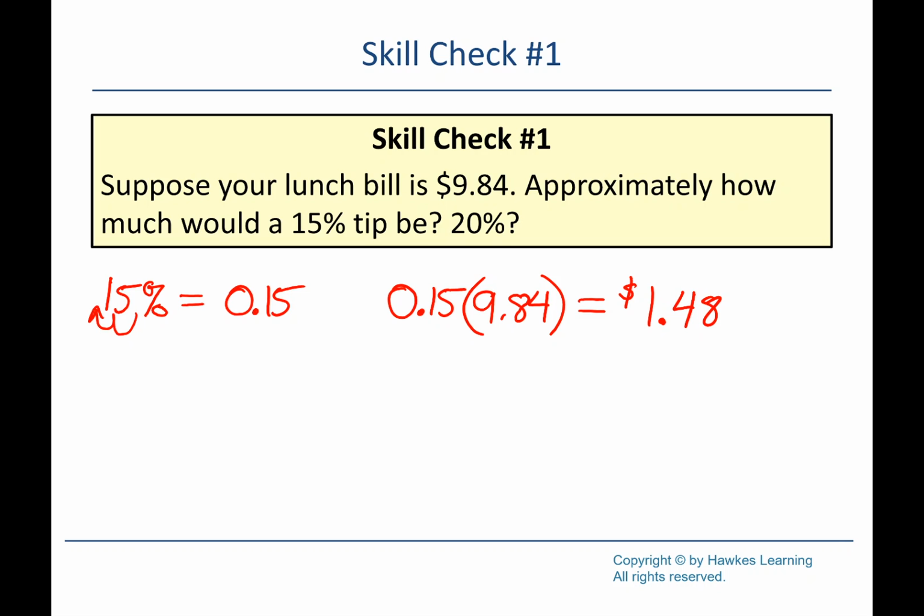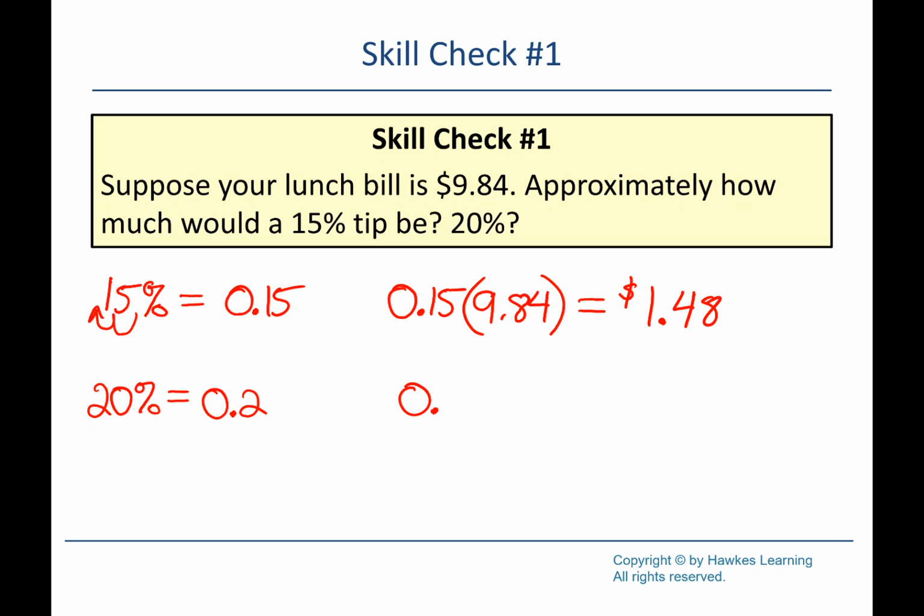Just doing it the mental way, we would have tipped 2 extra cents. Okay, big deal. And then for 20%, what's it going to be as a decimal? Yeah, 0.2.